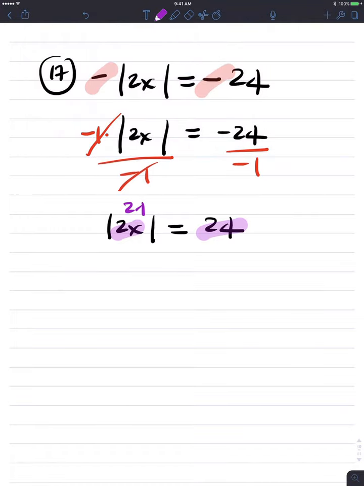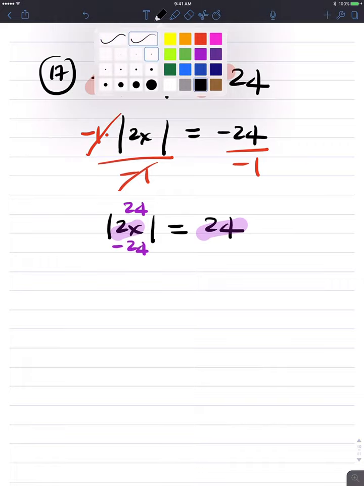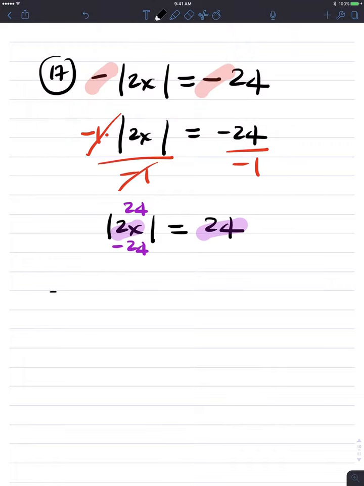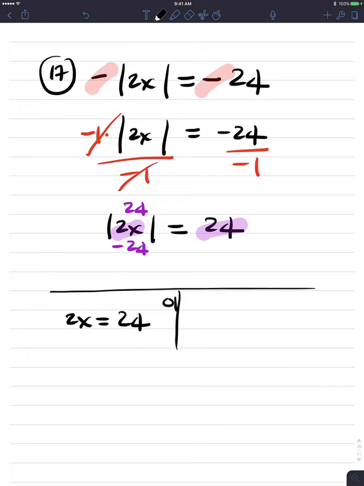In one case, that 2x is positive 24. In the other case, it's negative 24. We use our T table here, or this device where we split our paper in two pieces. We're saying 2x is positive 24 in one case, or 2x is negative what? 24, okay?